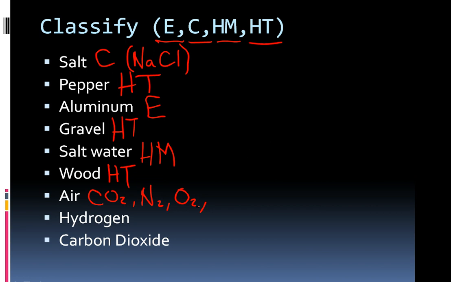It's a mixture, and that would be a homogeneous mixture unless you live in Los Angeles, where it's very smoggy, and you can definitely tell the difference between particles of air. Hydrogen, this would be an element. It's on the periodic table. And carbon dioxide, CO2, that is going to be a compound because two different elements, carbon and oxygen.